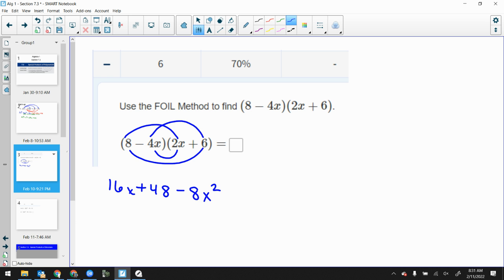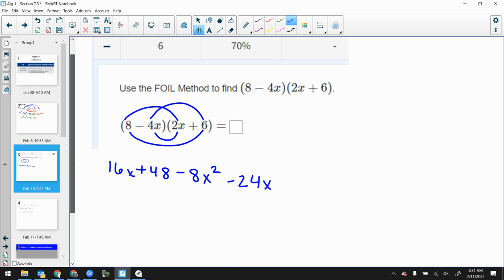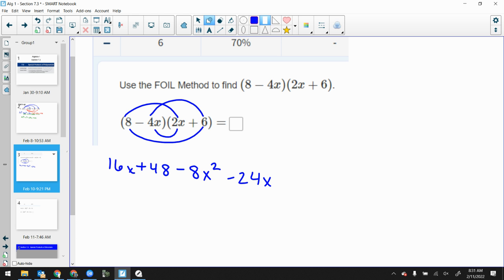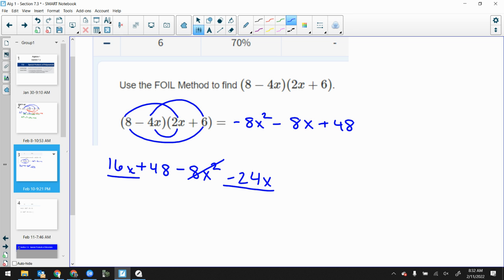Last, -4x times 6 is -24x. So my final answer should be -8x squared. Okay, bring down that term. And then we got a 16x minus 24x is a -8x. And then we bring over our 48. And that should be my answer.